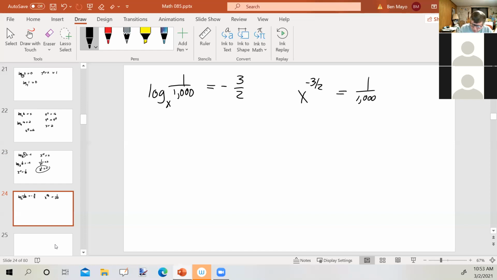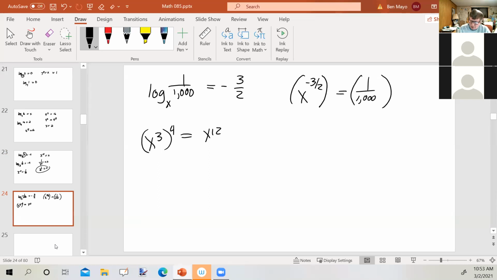So recall that a power raised to a power, you multiply the exponents, right? So x cubed to the 4th power would be x to the 3 times 4, or x to the 12th power. What could I raise both sides to?